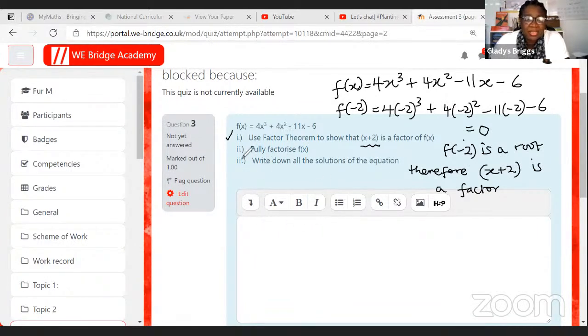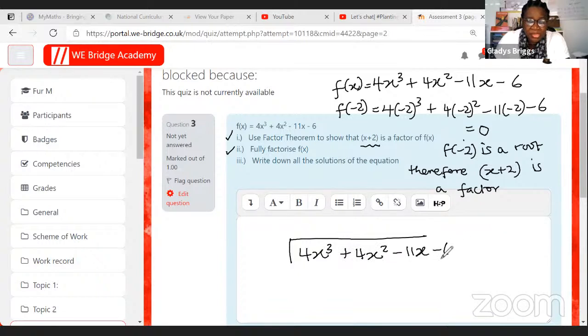Now, to answer this one, you have to do the polynomial division. 4x cubed plus 4x squared minus 11x minus 6 divided by x plus 2.